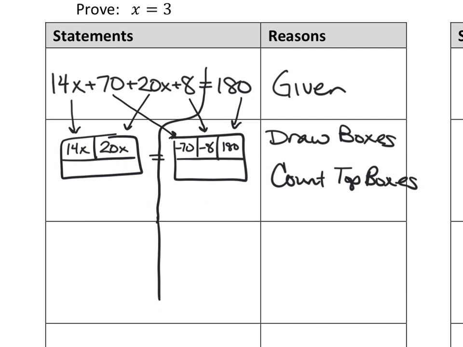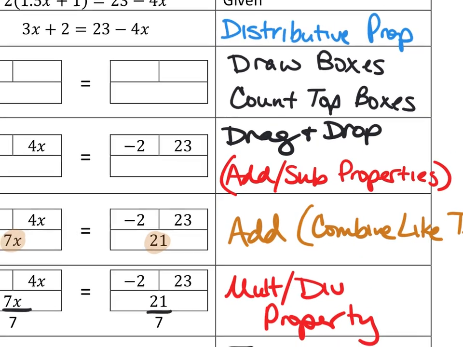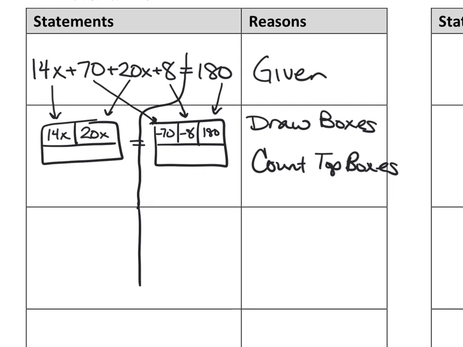I put it in parentheses. So if we look up there, addition and subtraction properties. So we're going to include that on this reason. This one has a lot of things happening. So this is the addition and subtraction property.